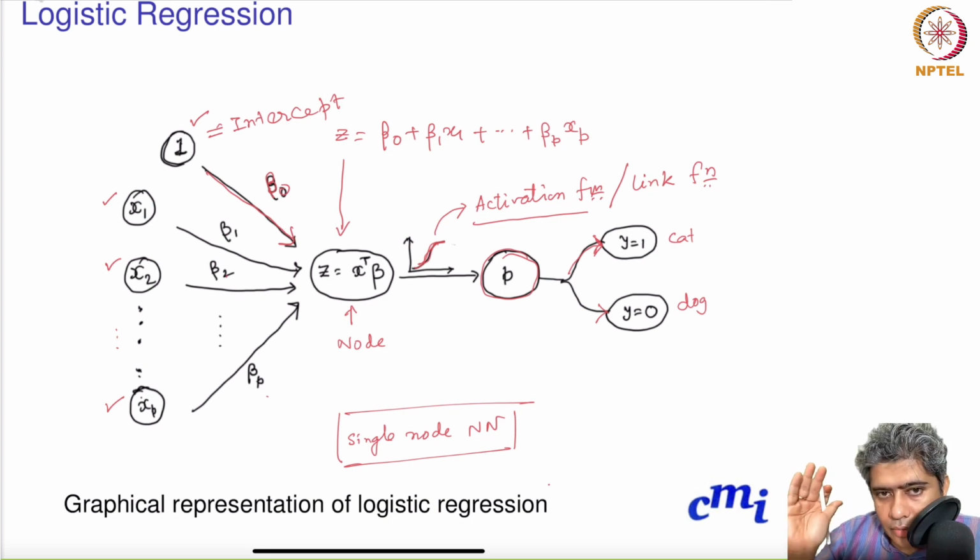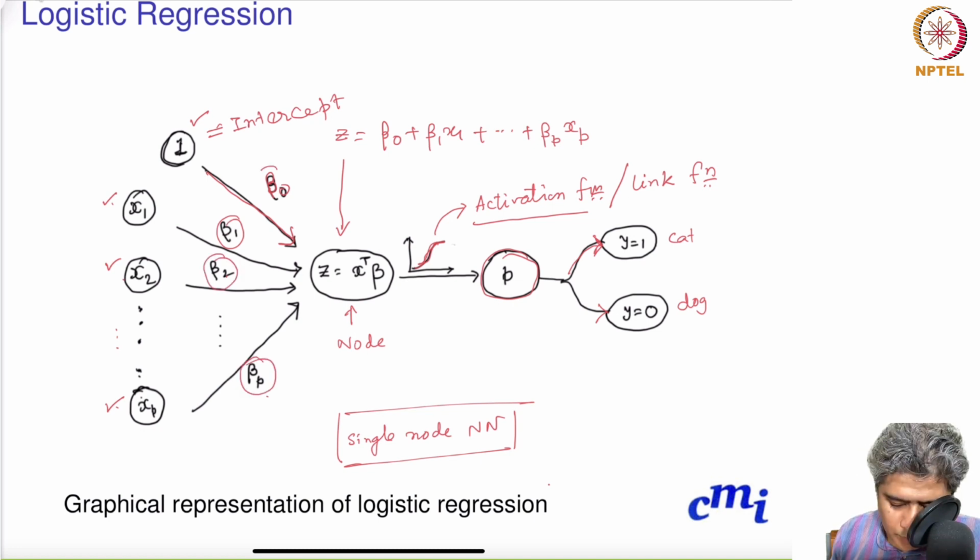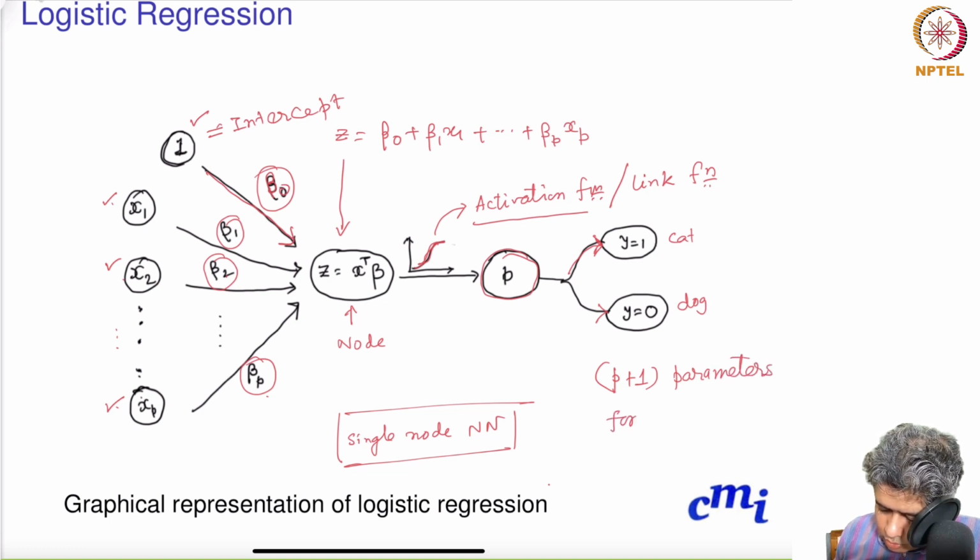I hope you have figured it out by now. So you have x1, x2, xp, so you have p parameters and one more parameter for the intercept. So you have p plus 1 parameters for logistic regression, which is a single node neural network.